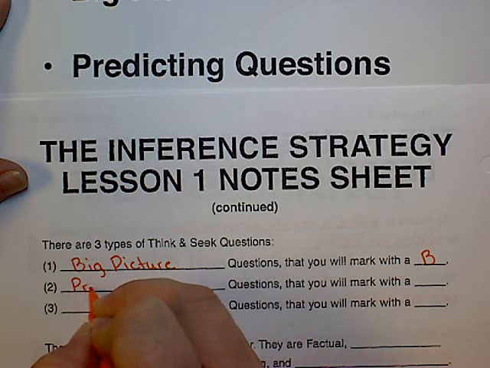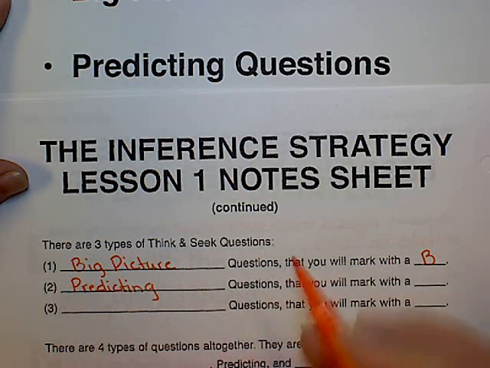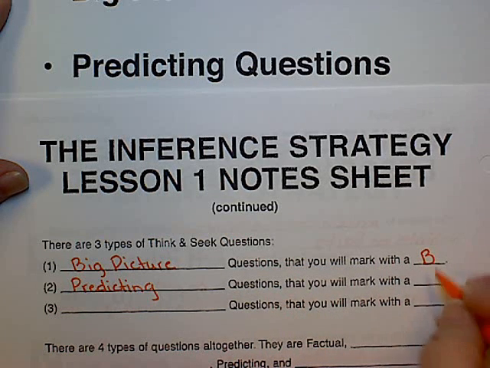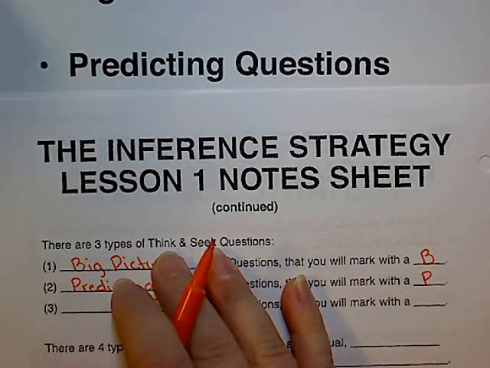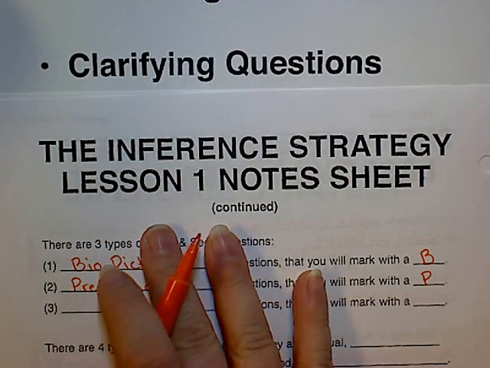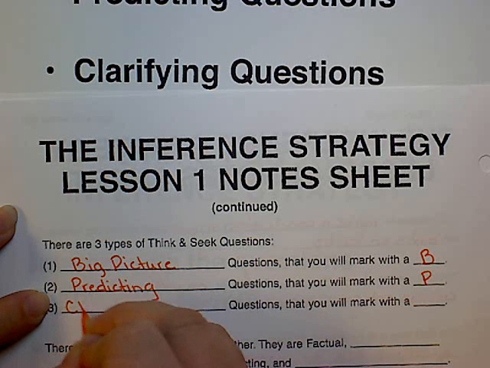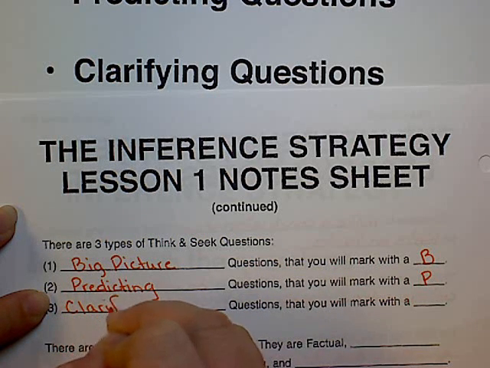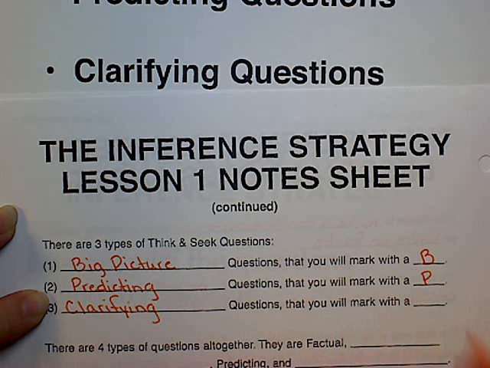We have predicting questions that you will mark with a P. Notice how that's just the beginning letter. And the next one, you're going to have clarifying questions. So let's go ahead and write that in there. Clarifying questions that you will mark with a C.